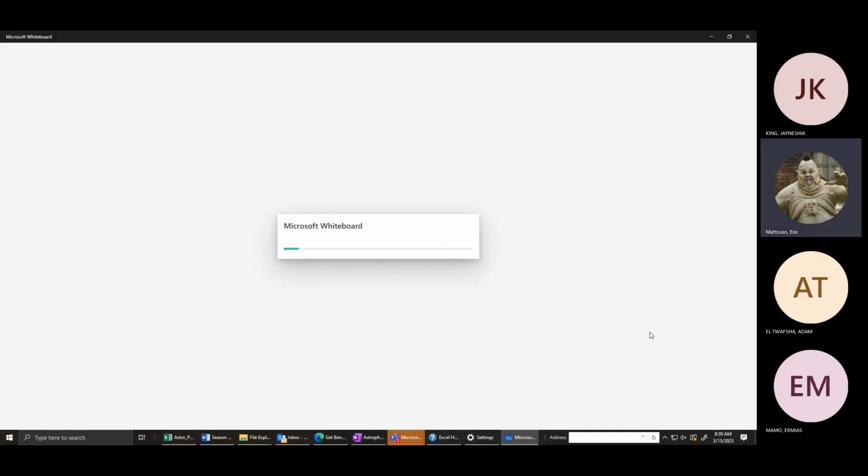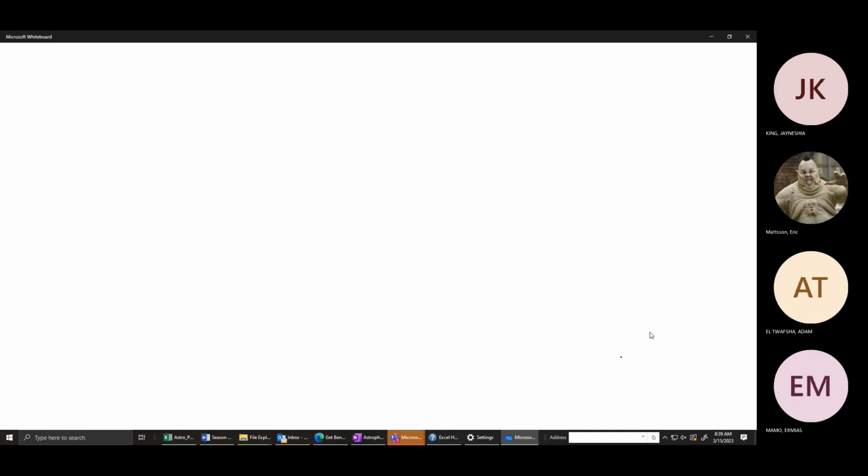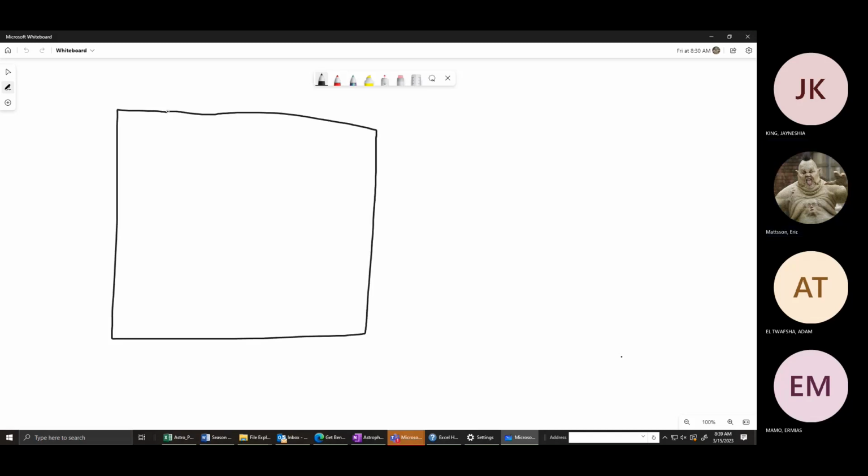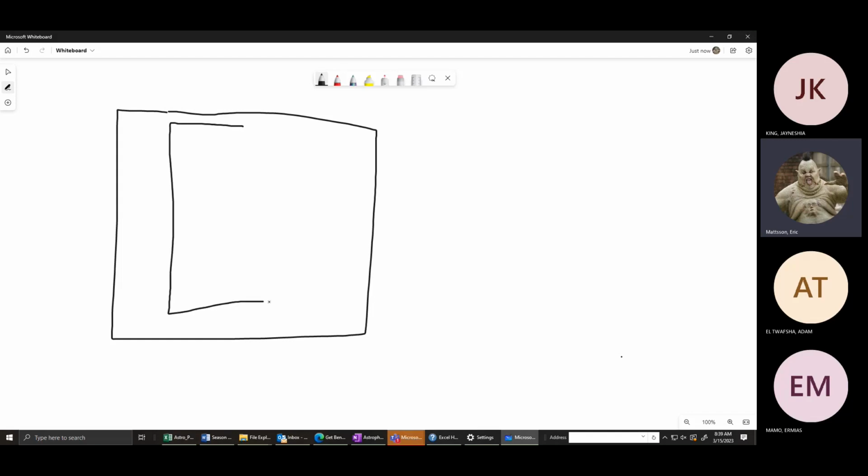So let's bring this up here. Let's say this is your piece of cardboard. You're going to take your paper, and the piece of paper is going to go onto the sheet of cardboard here.